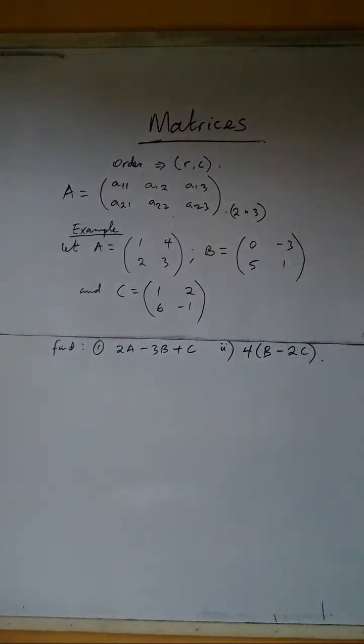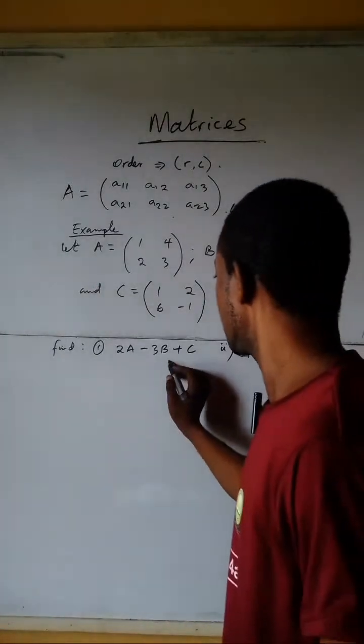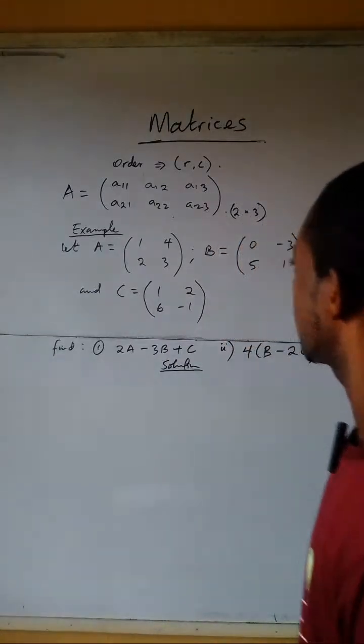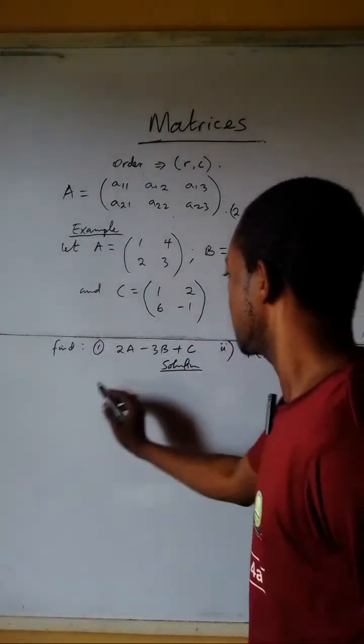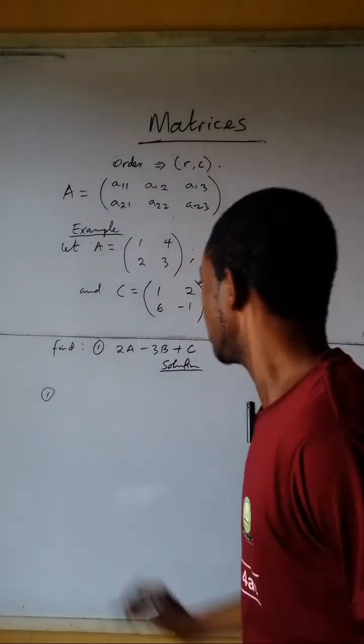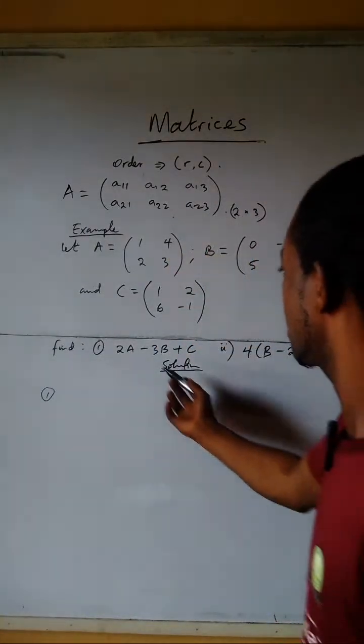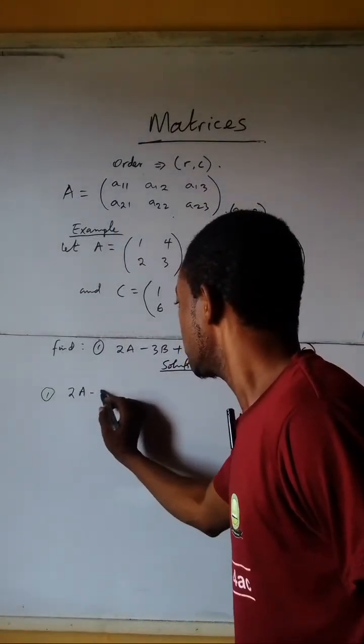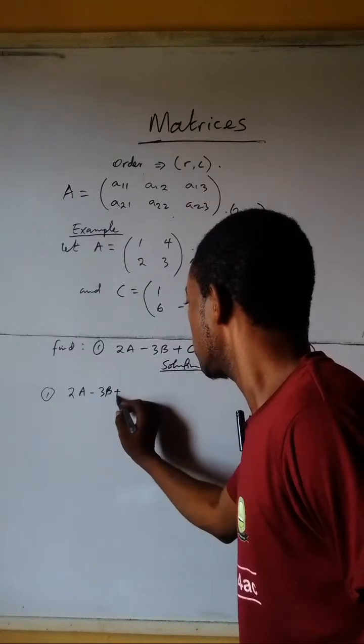Now, these are what we are required to find. Now, solution from here, from what is given, the first one, 2A, we can find 2A first. 2A minus 3B plus C is what we are finding.